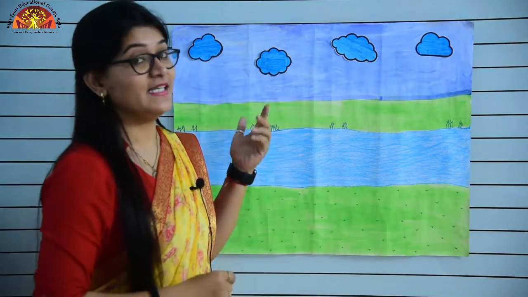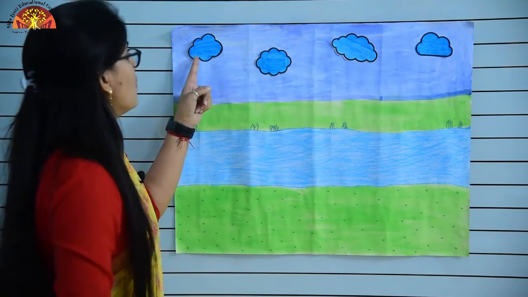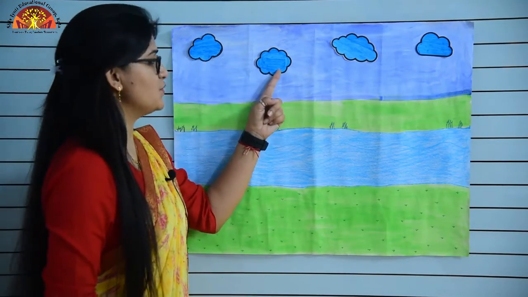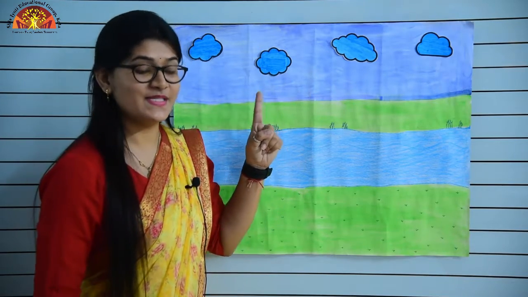Now kids, let's count how many clouds are there. 1, 2, 3, 4. There are 4 clouds.